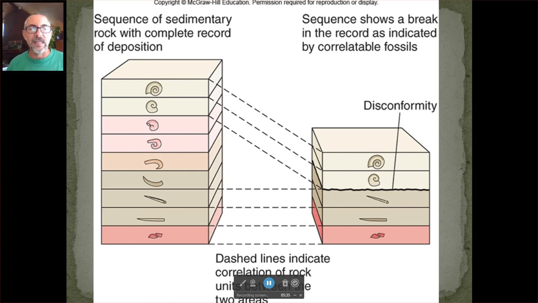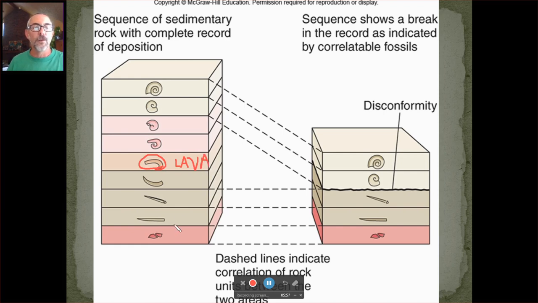Now let's throw one more thing in here. What if inside of this sequence, instead of this organism here, this was a lava flow? So the rest of these are sedimentary units, but here we have a lava flow.